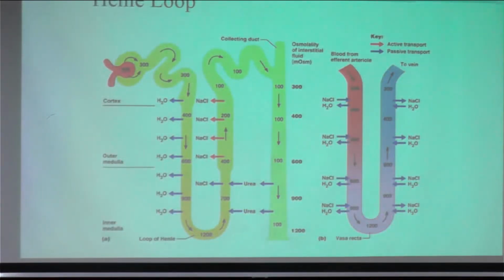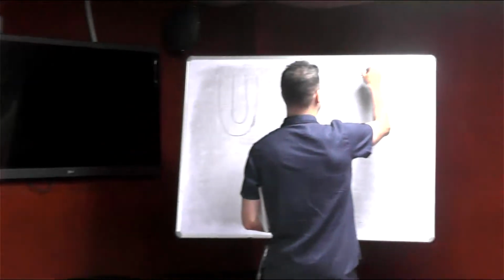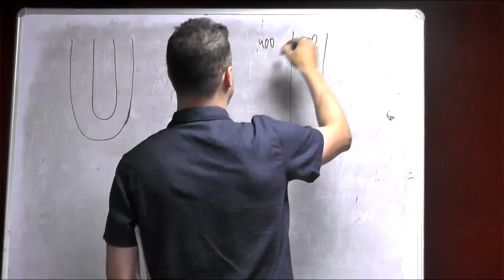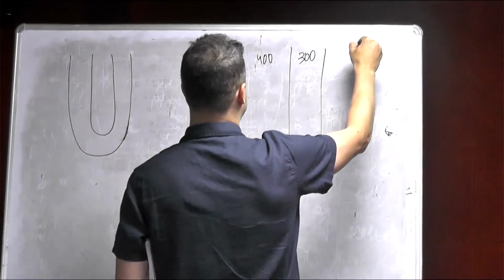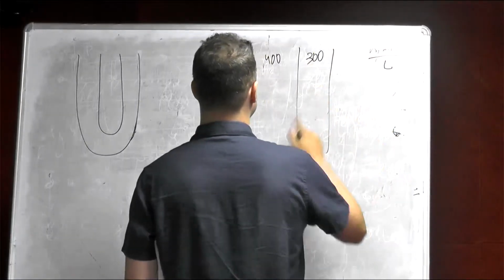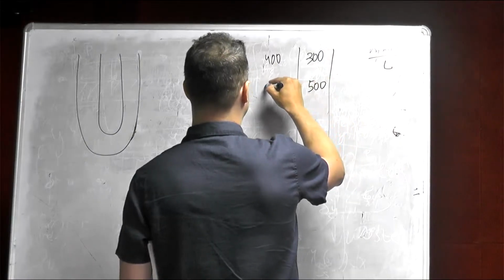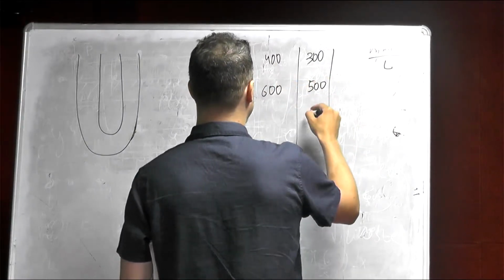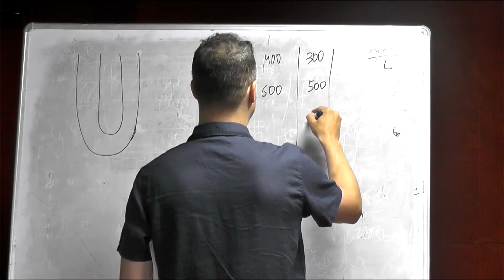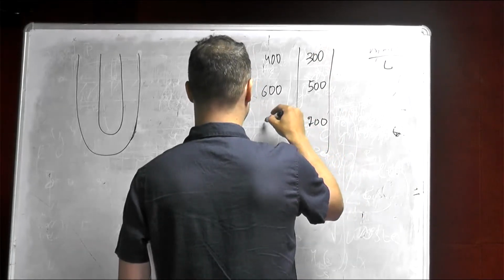Yeah, the difference between osmotic pressures. So if we assume, for instance, the descending loop, the unit will be millimole per liter, so there will be a constant difference between osmotic pressure in the descending loop and the extracellular fluid in the medulla.